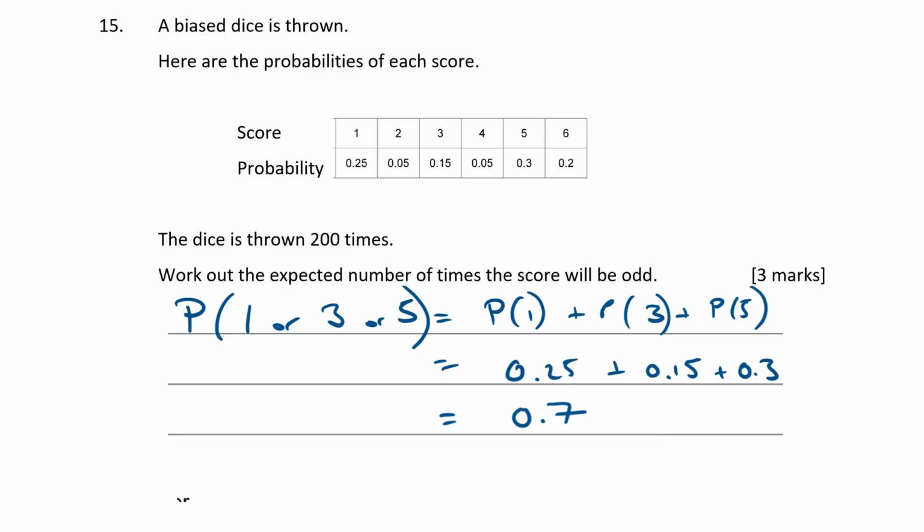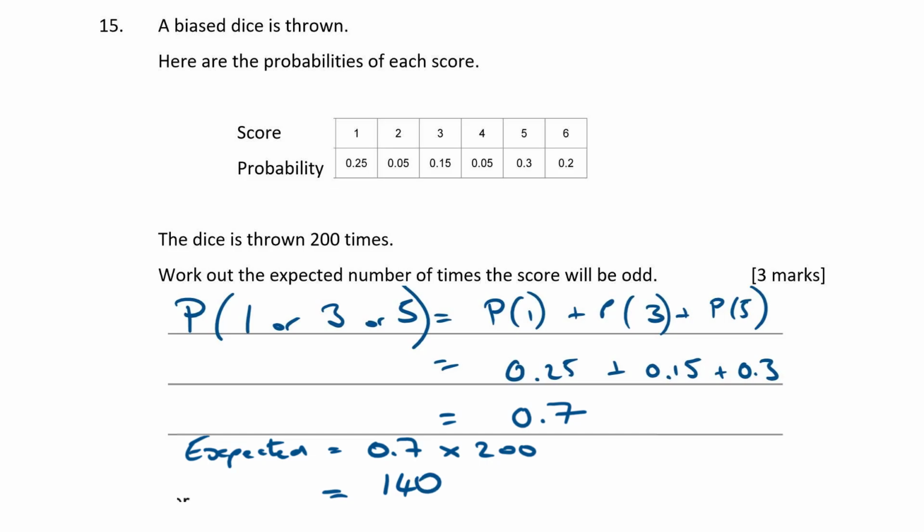So our expected number of outcomes is going to be equal to our probability of success, 0.7, times our number of trials, which is 200. So what's 0.7 times 200? Well, that is the same thing as 7 times 20, which is 140.